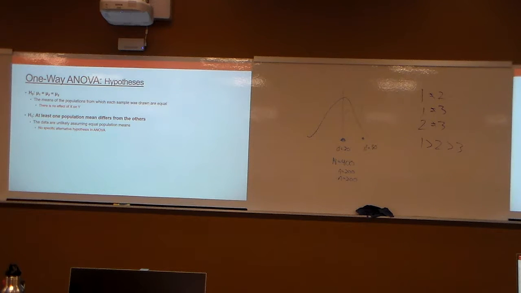What I can say is that at least one population mean differs from the others, either individually or in combination. And so if I do end up rejecting the null hypothesis, essentially what I'm saying is that these data are unlikely assuming equal population means. And so you're just getting back into that whole null hypothesis testing framework.